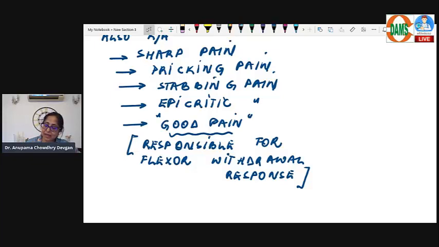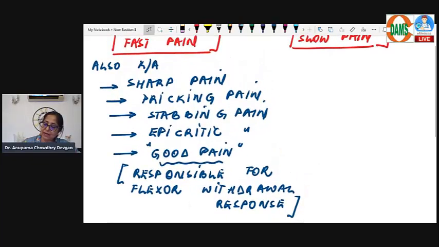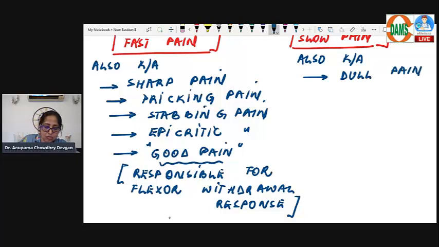Good pain. Then slow pain. Slow pain is also known as a dull pain. This is known as an aching pain. This is also known as the throbbing pain.